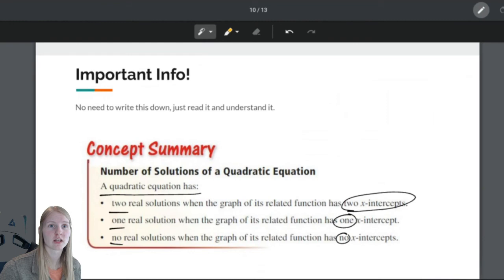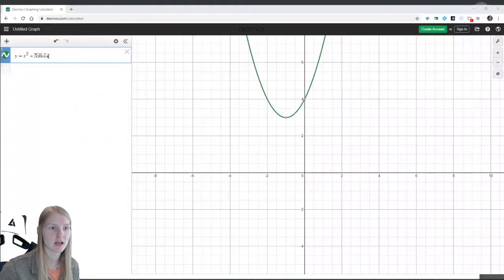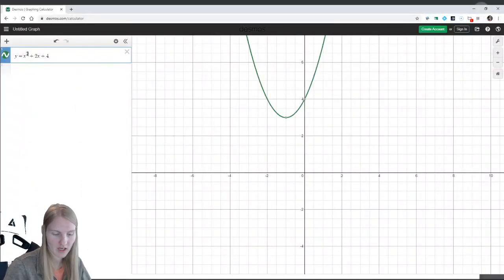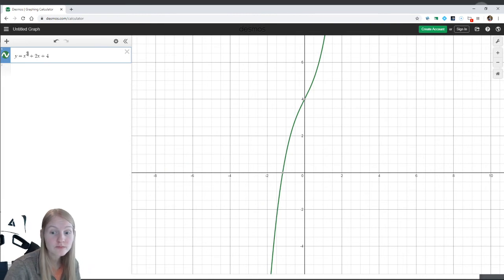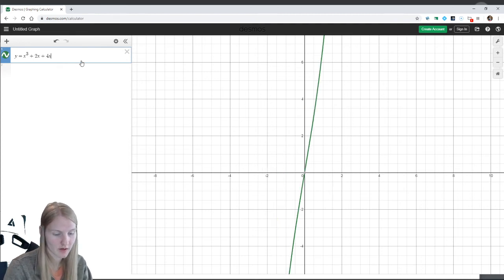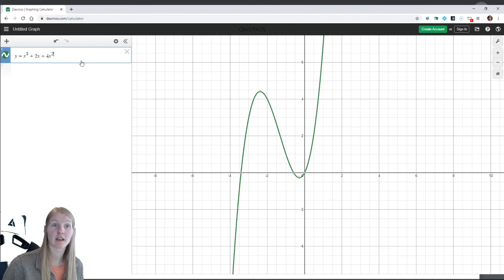If we go back to Desmos and I type in y equals x cubed plus 2x plus 4, there's only 1 real solution because there's only 1 x-intercept. If we make this a little more crazy like that, now there's 1, 2, 3 real solutions because it crosses the x-axis 1, 2, 3 times.